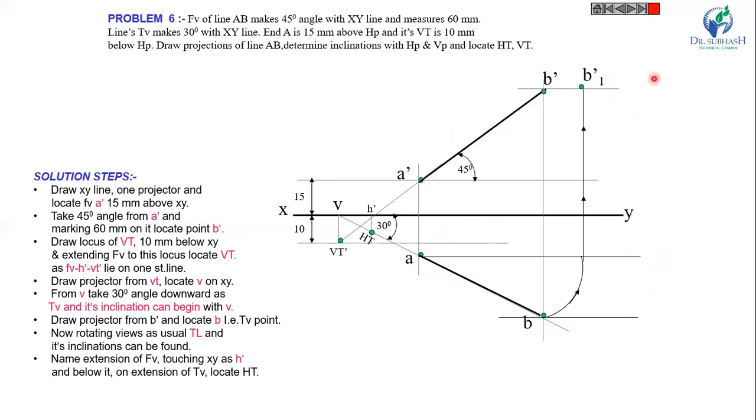Join A dash B1 dash. It's the true length, and this inclination of the true length is theta. Similarly, you can find the true length on the plan. So AB1 is the true length on plan and this inclination is phi. In this way you can find the HT, VT, H dash, V and the inclination of the true length.